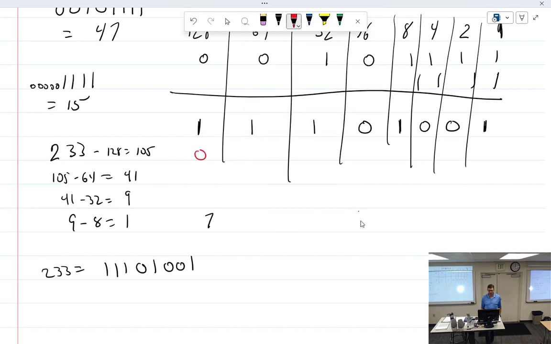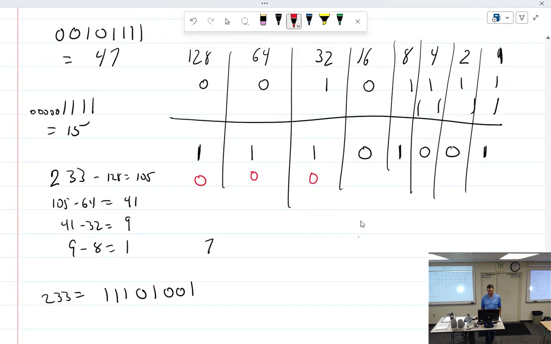So 128, no. 64, no. 32, no. 16, no. 8, no. 4? Yes. 2? Yes. 1? Yes. 111. So 111 is the number 7. And then I ask, what is the largest 8-bit binary number we can get? And I already told you that. 255. All right.